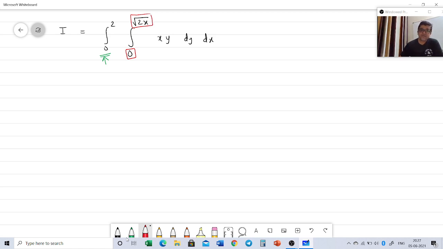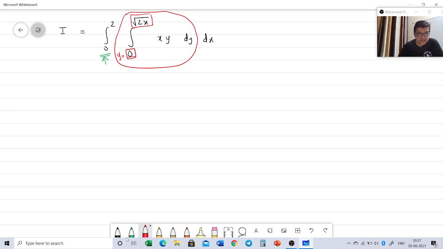When inner limit is function of x, that means it is variation in y. When inner limits are variation in y, that means the order of integration is now fixed. Here I have to integrate with respect to y first, and having done that, then I'll integrate with respect to x. I repeat what I said.